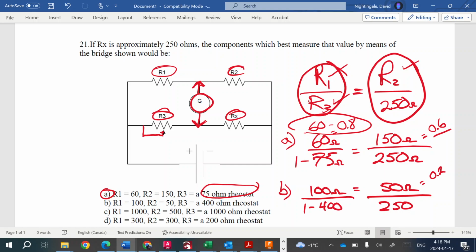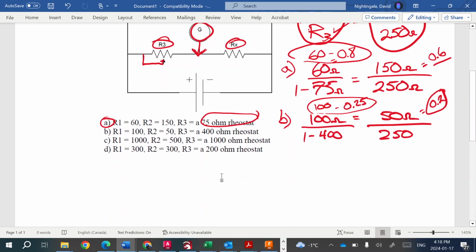Now let's solve here. 100 divided by 400 would give us 0.25. Okay, so that's the minimum that it can give us. And if we were to change that rheostat all the way to 1, well, ultimately we could get a ratio of 100. So anywhere from 100 to 0.25 on R1 and a rheostat, R3. But again, this 0.2 does not fit inside that range, and therefore we would not be able to balance the circuit and determine that the Rx would in fact be 250 ohms.